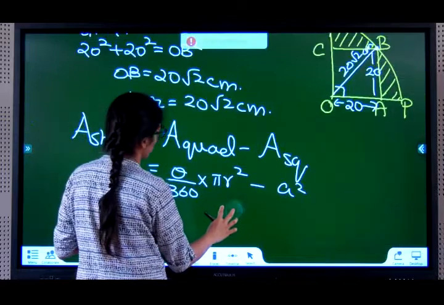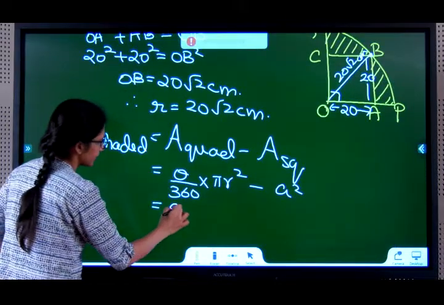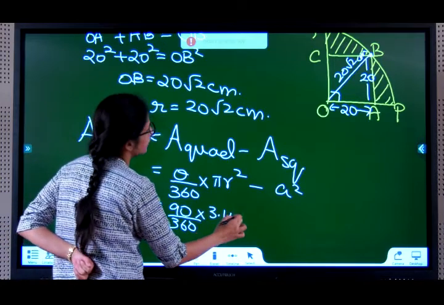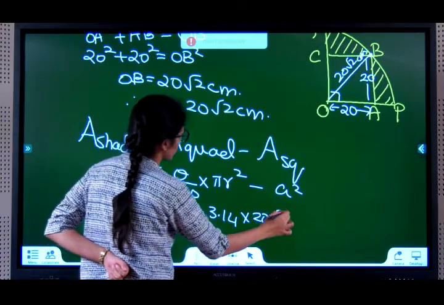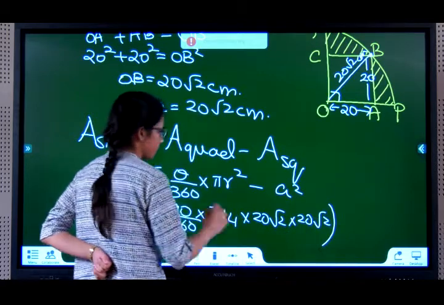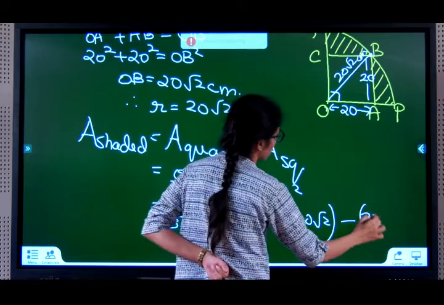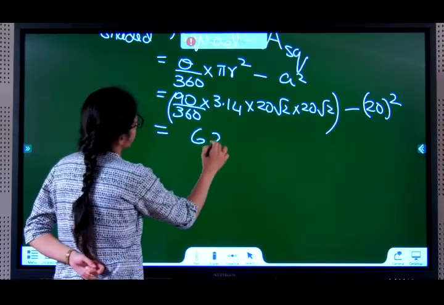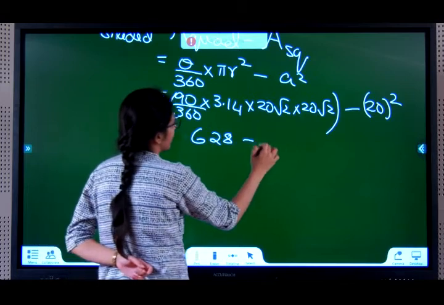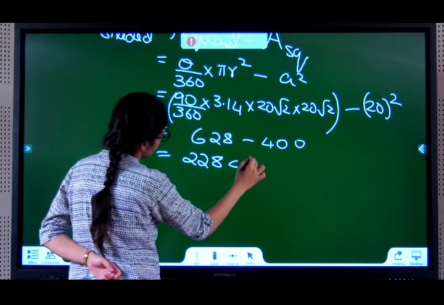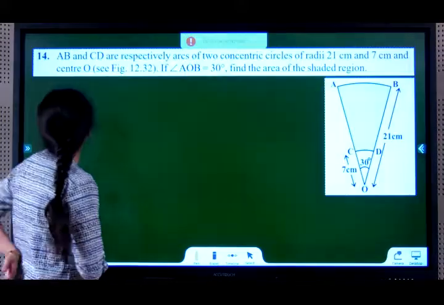Yes, they have. So, now theta is 90 by 360 into 3.14 into r is 20 root 2 into 20 root 2 minus a, 20 whole square. We get 628 minus 400, which is 228 centimeter square.